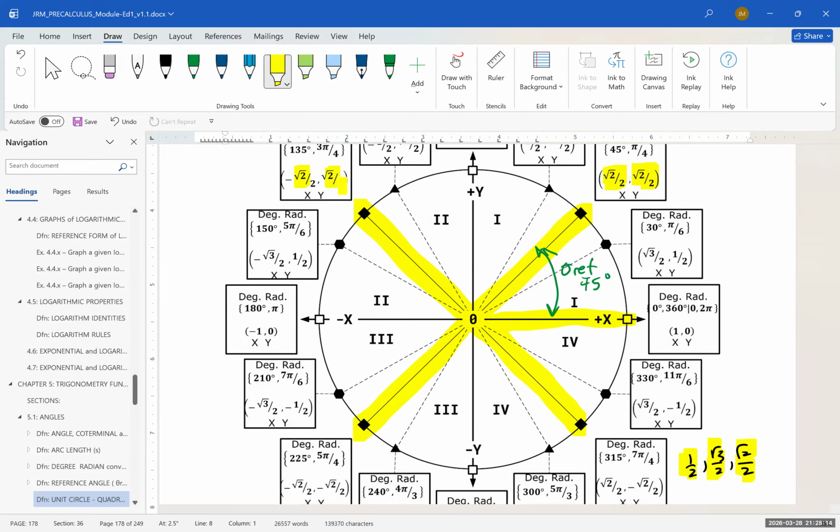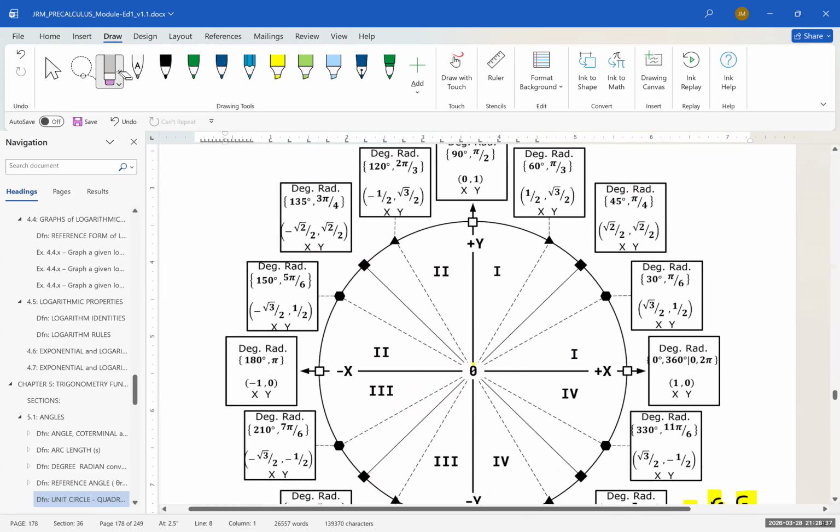They have square root of 2 over 2, square root of 2 over 2. Now, let me go ahead and explain why the square root of 2 over 2, square root of 3 over 2 and 1/2 values are where they are. So let's look at that next.